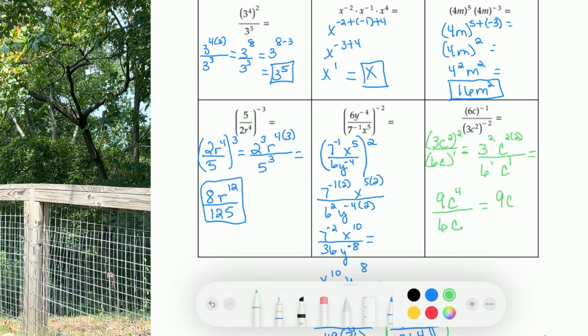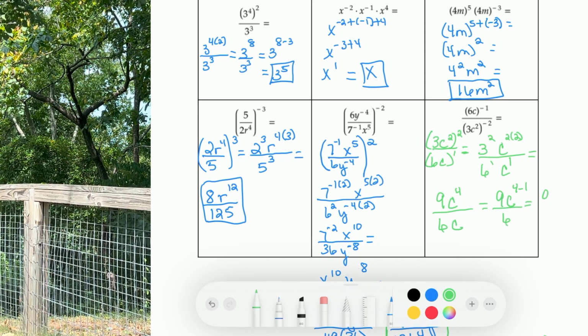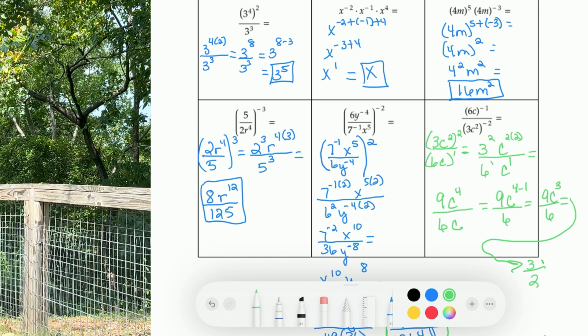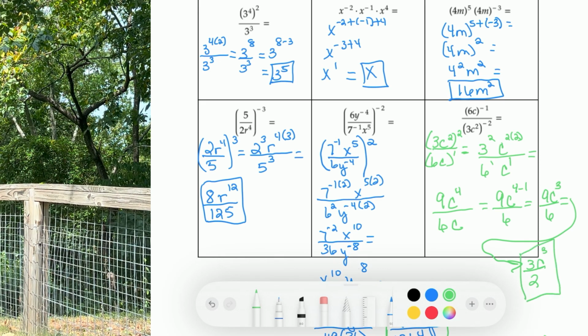So I get 9c to the 4 minus 1 over 6. And that becomes 9 over 6, c to the 3rd. I can reduce my fraction. I'm going to divide by 3. And so I get 3 halves c to the 3rd. And that is my answer for that particular problem.